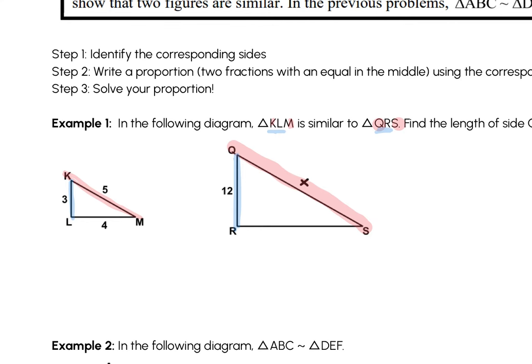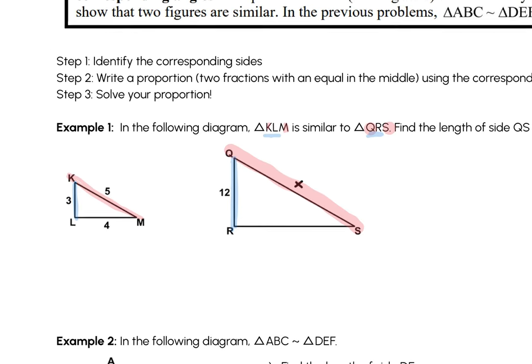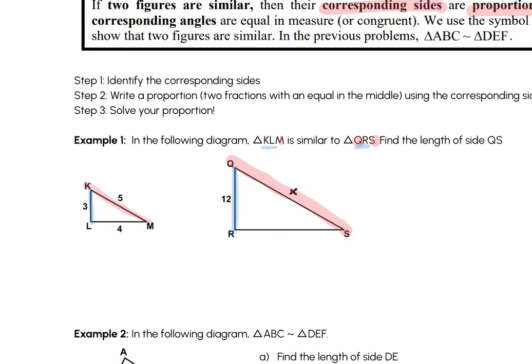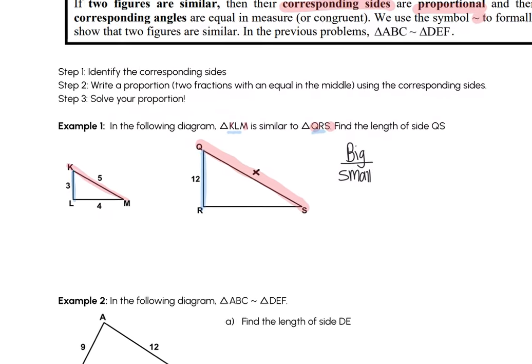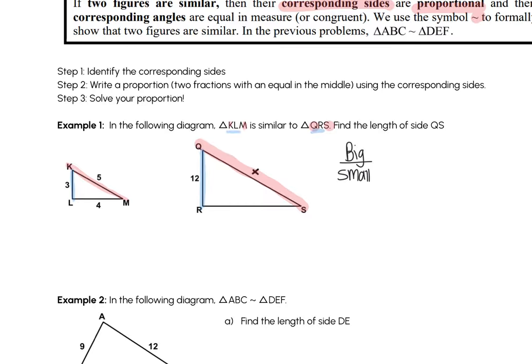So now that I have two pairs of sides, I can write my proportion. I'm going to start with my setup. I'm going to put the big triangle on top of the small triangle. You can do it either way; you could flip this the other way if you wanted to. I'm just writing that down so I make sure my work stays organized. It's really important to keep your proportion lined up. So in the big triangle, I know that X corresponds with 5.